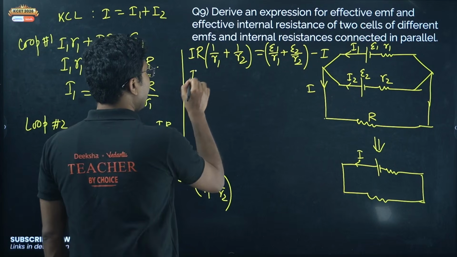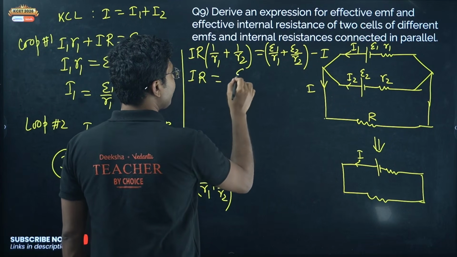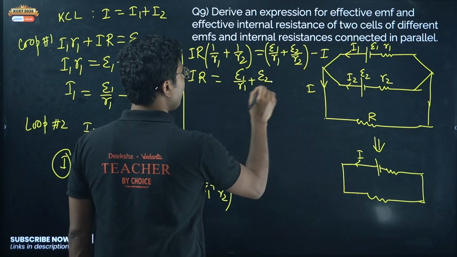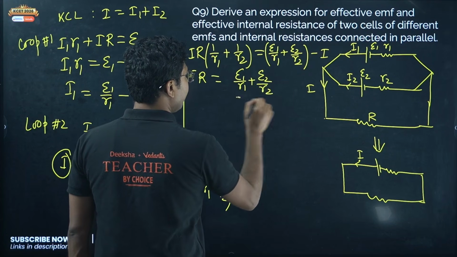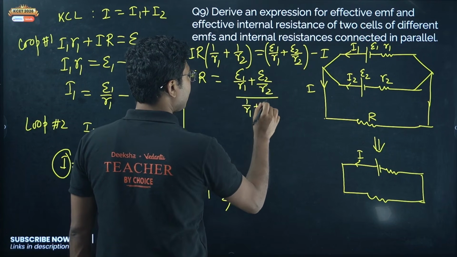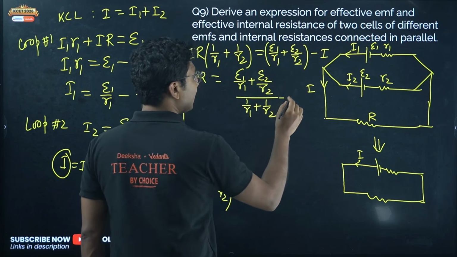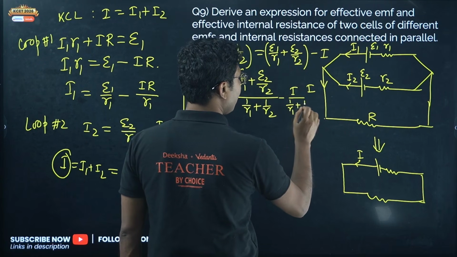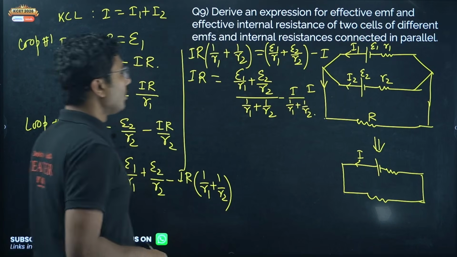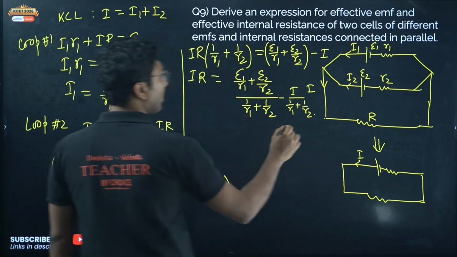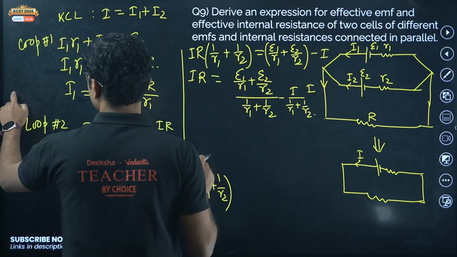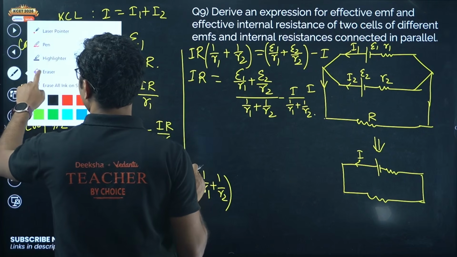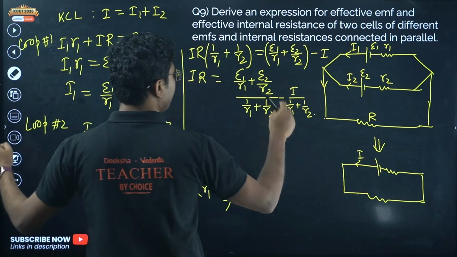So IR equals epsilon 1 by R1 plus epsilon 2 by R2 divided by 1 by R1 plus 1 by R2, minus I divided by 1 by R1 plus 1 by R2. This is equation number 1.